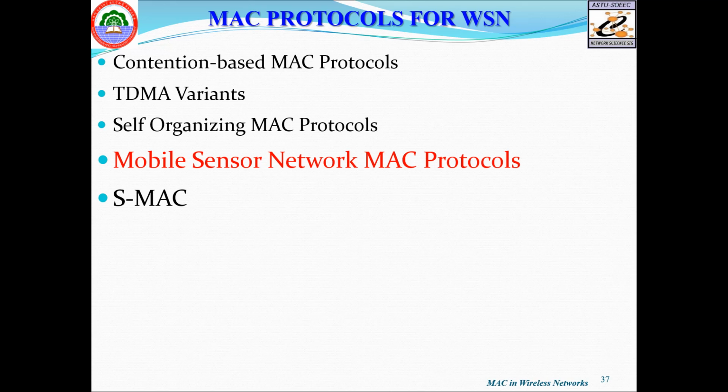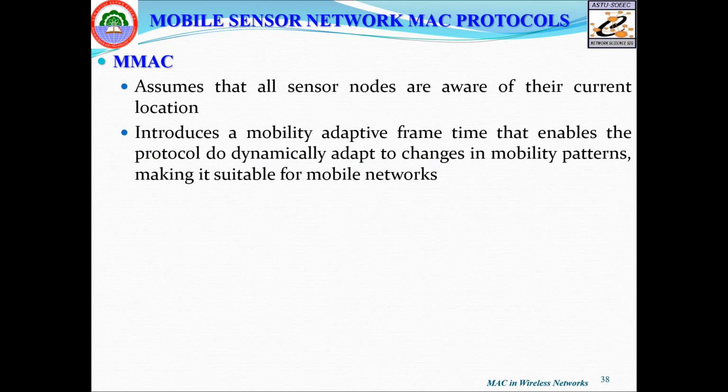The next category of MAC protocol is the mobile sensor network protocol. The earlier ones are applicable primarily to stationary wireless sensor networks, and we cannot use them in a mobile sensor network environment.